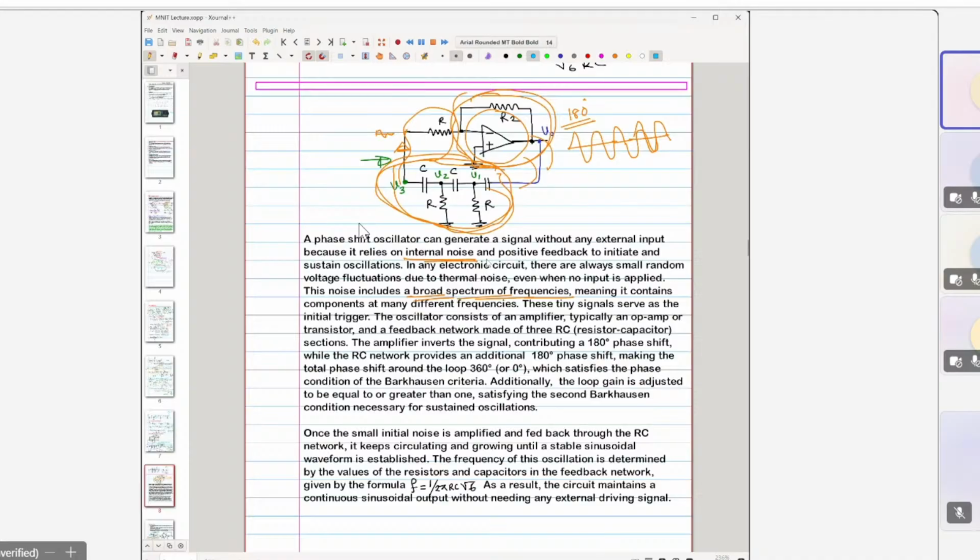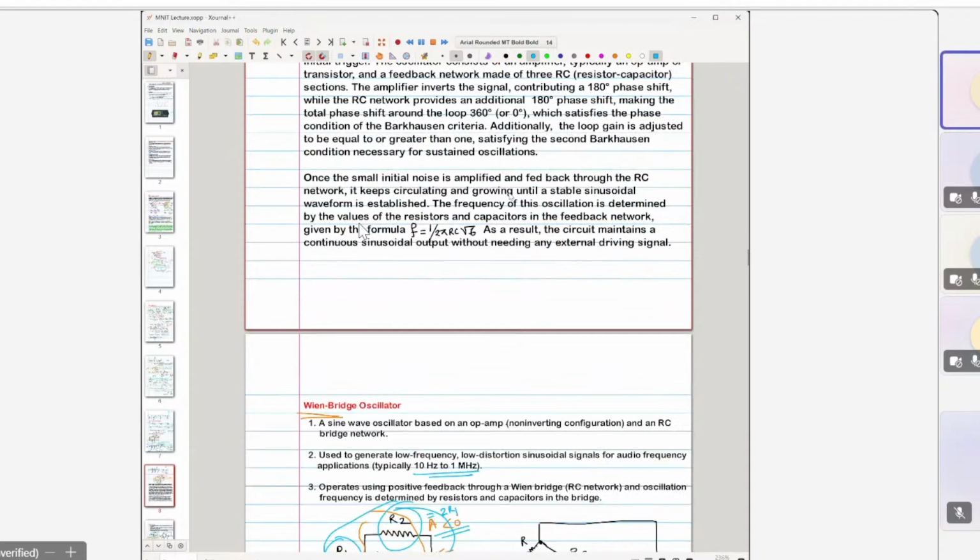Then we also discussed why we don't need any input signal, why without any signal we are getting the sustained output, and why the output is sinusoidal. Because the sinusoid is the most fundamental frequency, we keep on using the frequency selective network, which boosts only one frequency of the sinusoidal signal, the fundamental one.